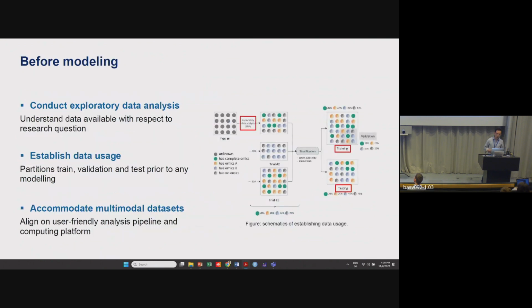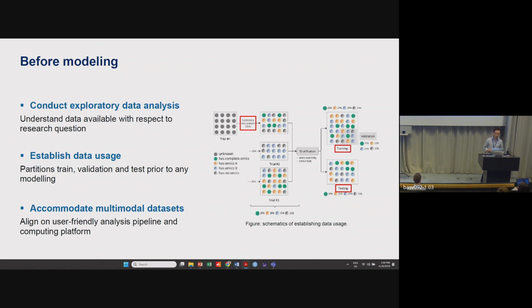Also, in our project, we want to consider all three data modalities simultaneously, which requires us to develop some generalizable, some flexible analysis pipeline that can accommodate both models using a single data modality or multi-modality datasets.